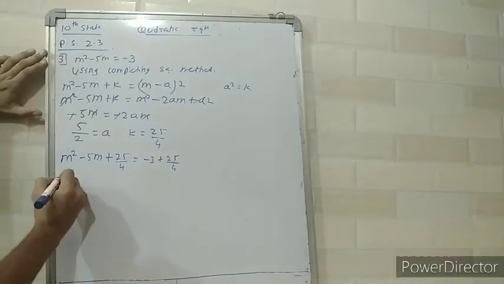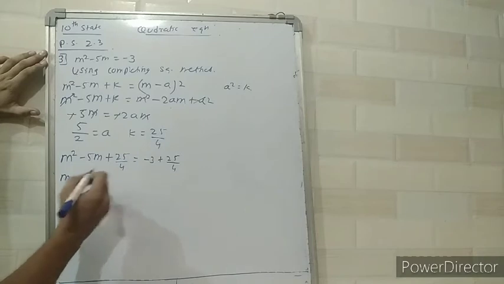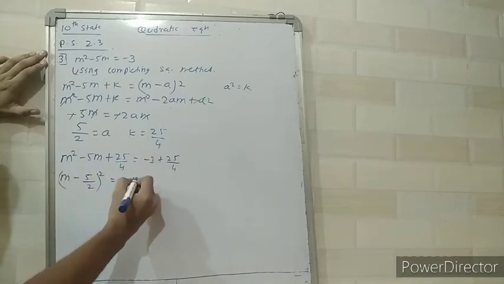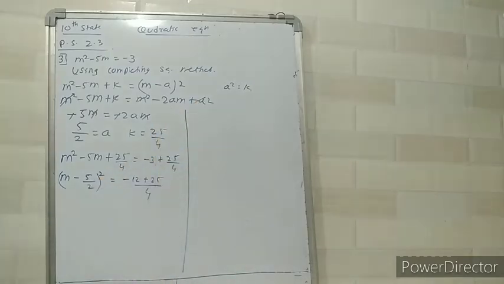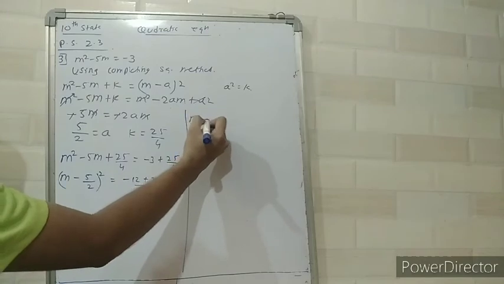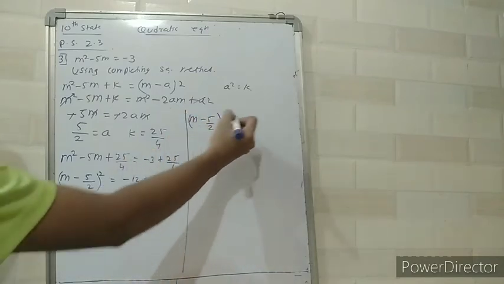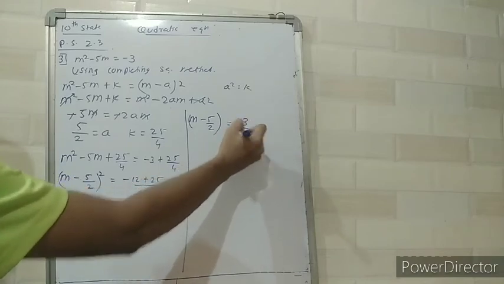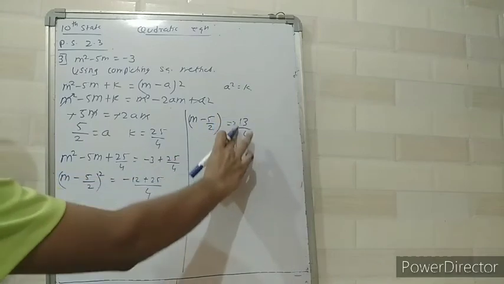Okay, so I am having m minus 5 upon 2 the whole square, and over here minus 12 plus 25 upon 4. Okay, so this is the perfect square, m minus 5 upon 2. Okay, and 25 minus 12 is 13 upon 4.